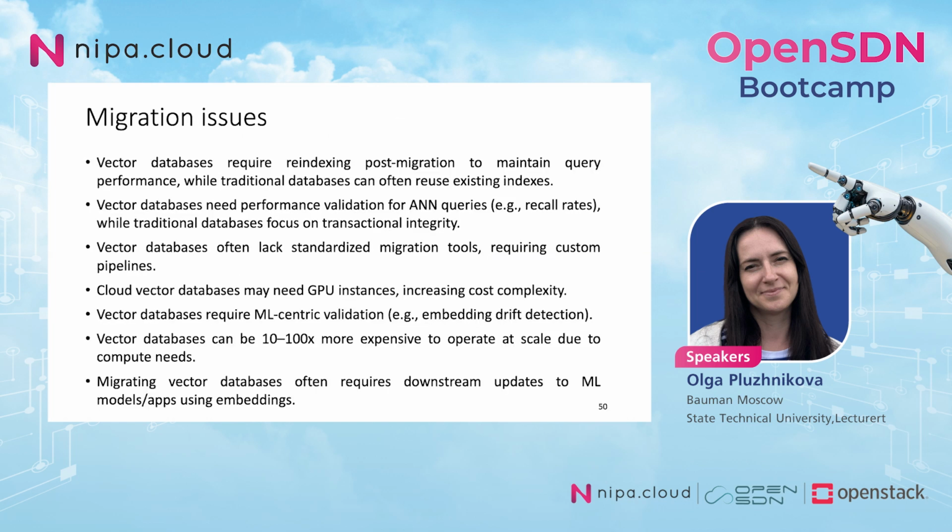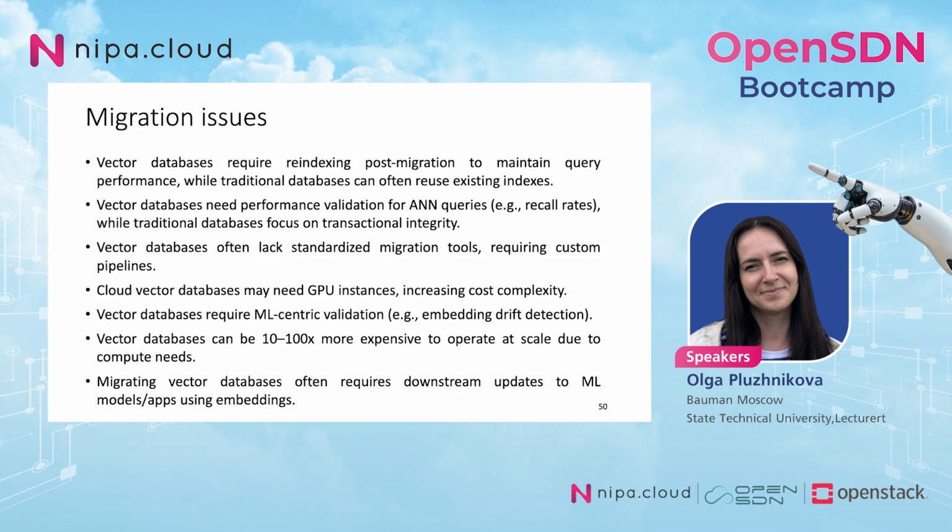But there are many issues with how to migrate a vector database to the cloud exactly. A vector database requires reindexing post-migration to maintain query performance, while a traditional database can often reuse existing indexes.